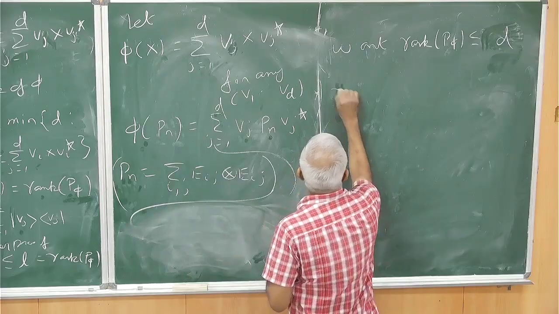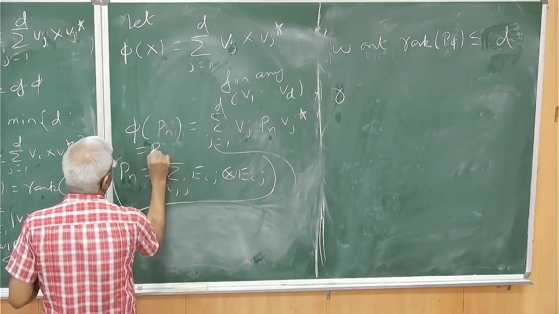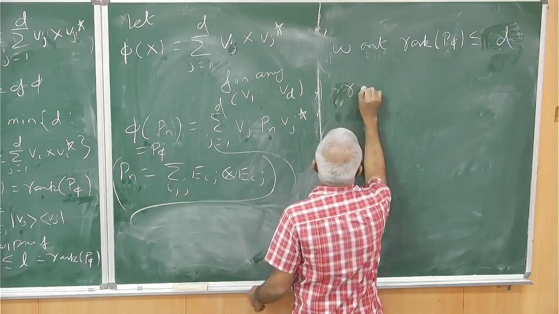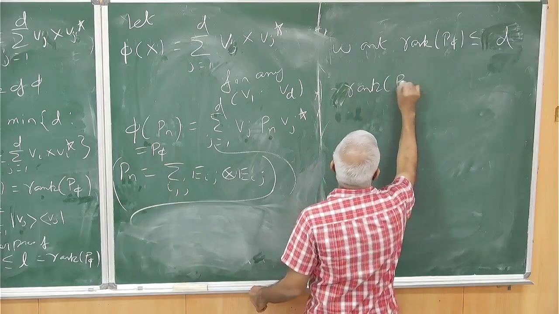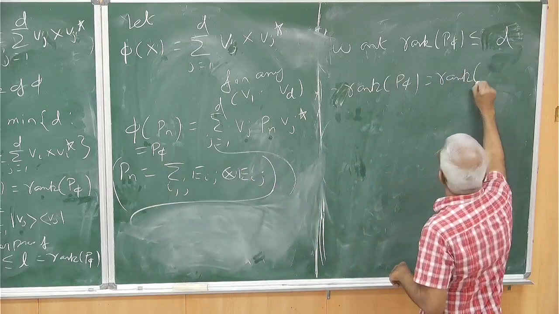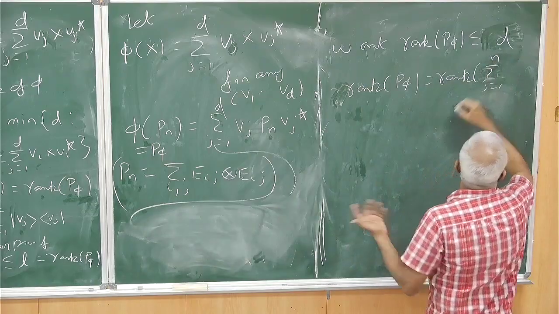We want to consider this is P of En. I mean, this is what our P phi is, right? Rank of P phi is equal to rank of the summation, it's just immediate. Sorry, you don't need to write like that.